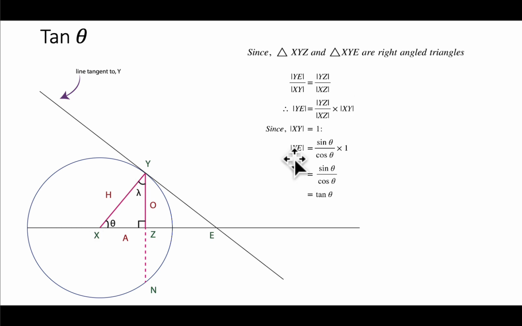So that's equal to sine of theta divided by cos of theta, and that's tan of theta. So by this you see that the length of the segment YE is equal to the tan of theta.